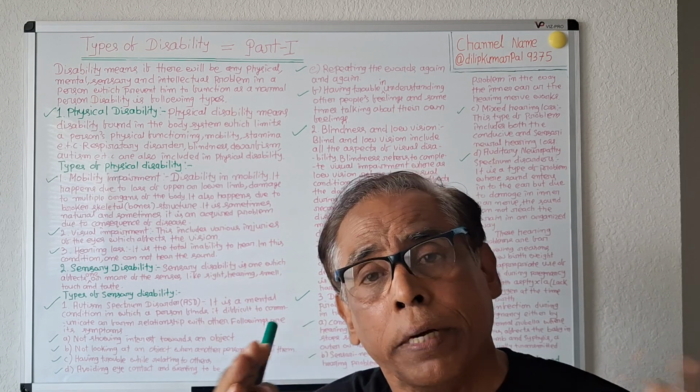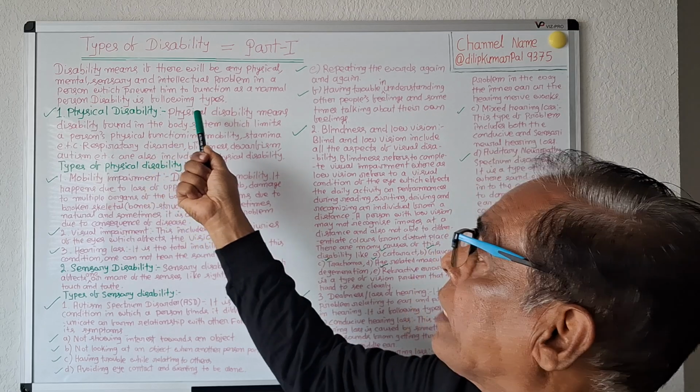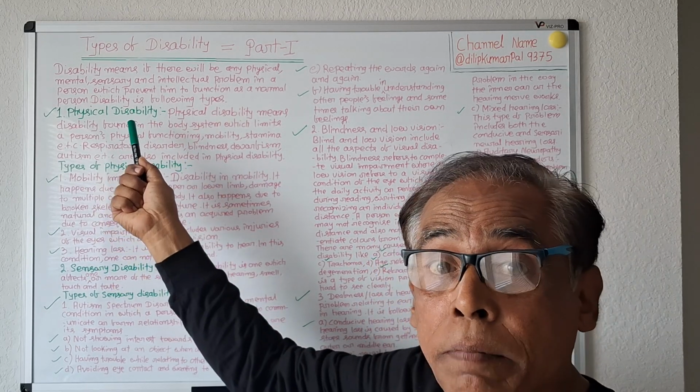So disability is of many types. Number 1, physical disability.